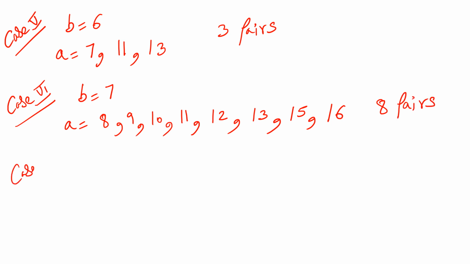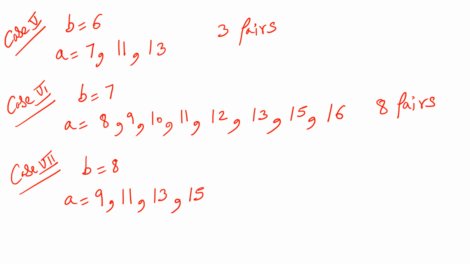Now we discuss the seventh case. And in the seventh case, b is equal to 8. So the possible values of a are 9, 11, 13, 15. So total number of pairs in this case is 4.